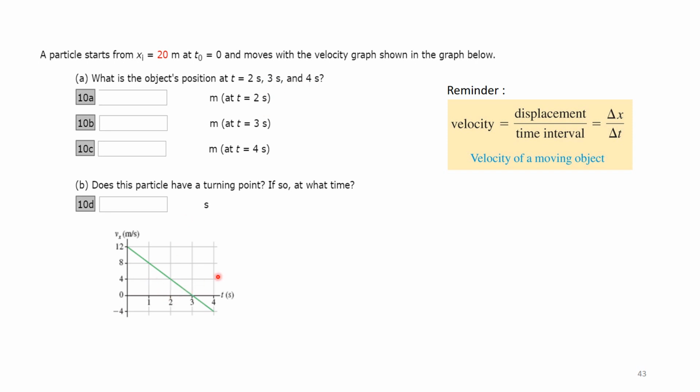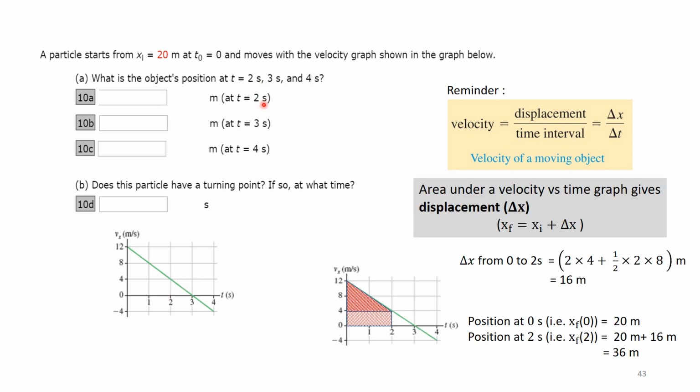Okay. So let's start with the first box, time 2 seconds. So we are trying to find the displacement from 0 to 2 seconds. So you draw a line at 2 seconds all the way down to the time axis. Okay, and then you find the area enclosed like this.